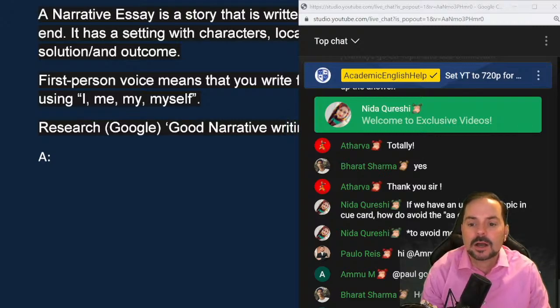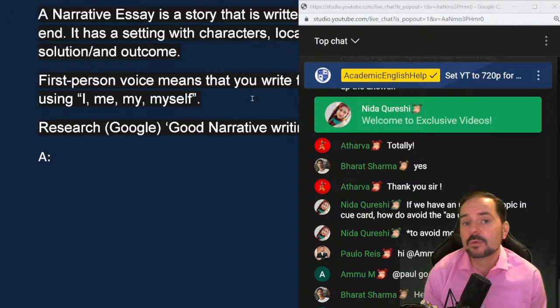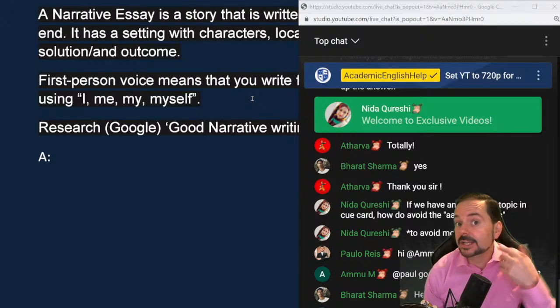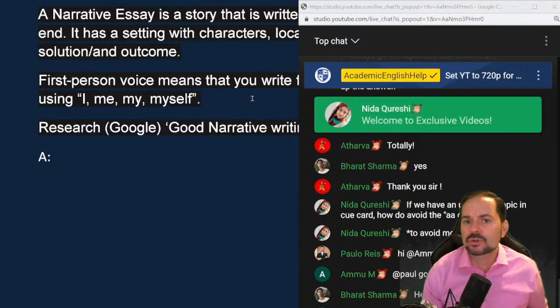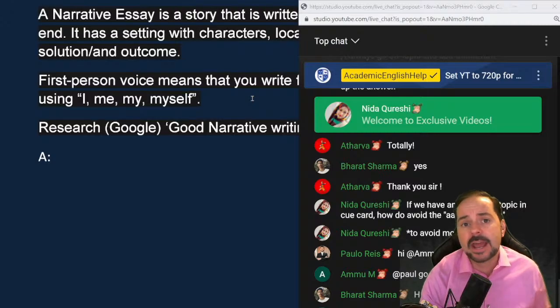In first person, there are lots of techniques for good narrative writing. You have to include lots of sensory language, so sight, smell, hearing, sounds. Like my new job is very noisy. It sounds like a train is going past my office window every morning.